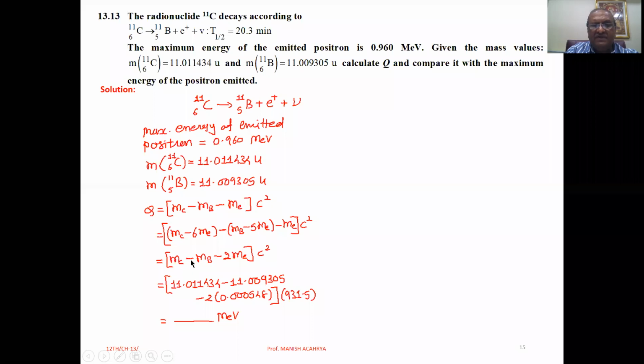So the mass of C minus the mass of B minus 2me, all into c square. Now substitute all the masses here, then directly multiply by 931.5. You will get the answer in MeV. And after that, take the ratio of this Q value and the maximum energy with which the positron is emitted, and then the comparison will be there. Clear to all of you?